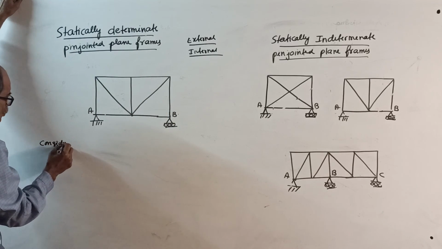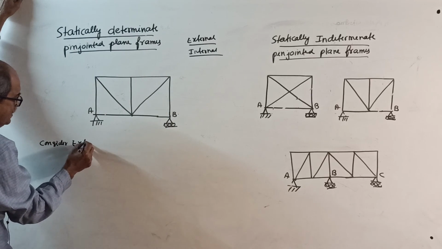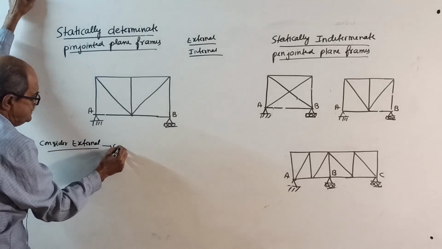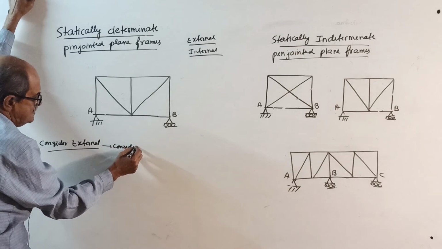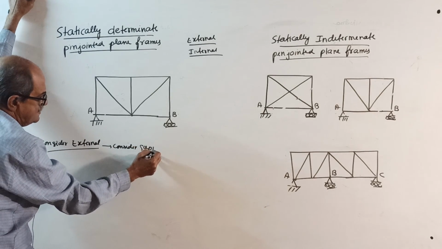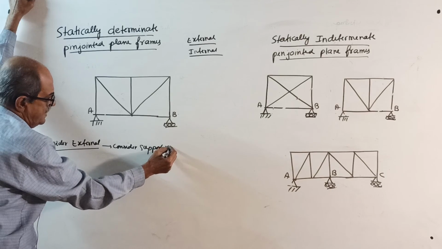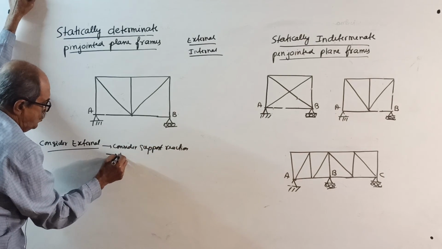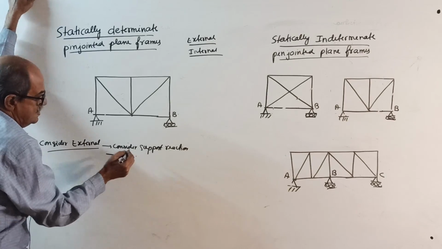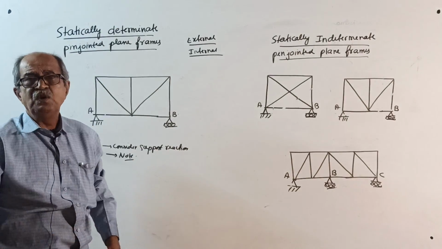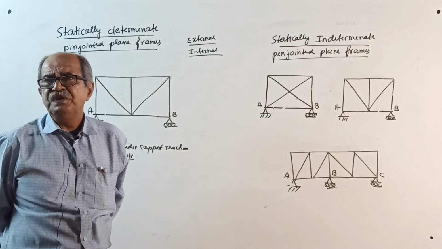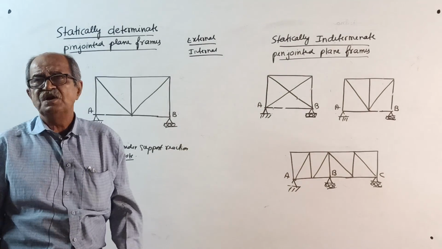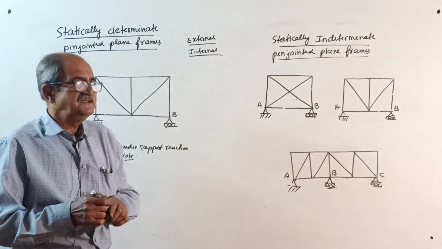Briefly I will tell, not too much because this is not the time. Purpose is to understand. External, consider support reactions. Now make a note here. If you can find support reactions by using only basic conditions of static equilibrium, it is called a statically determinate structure.